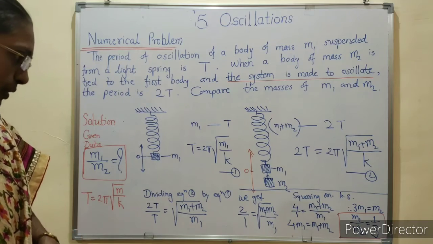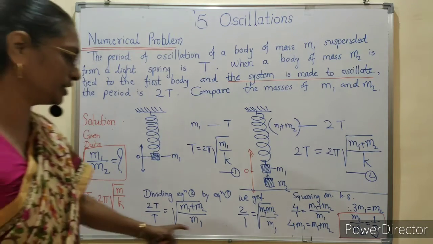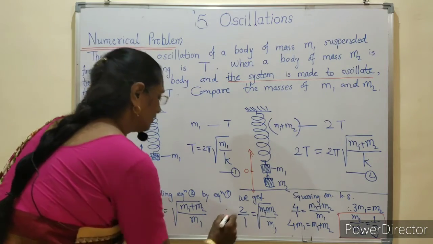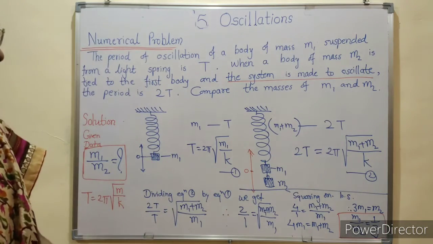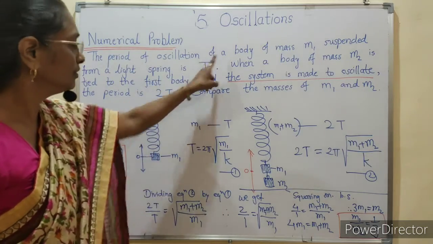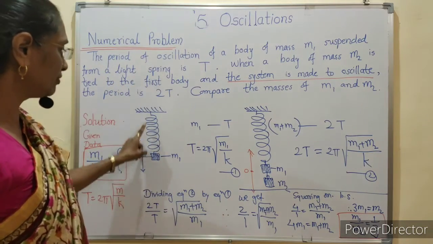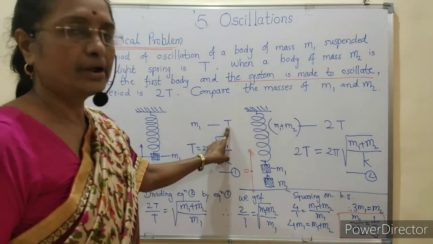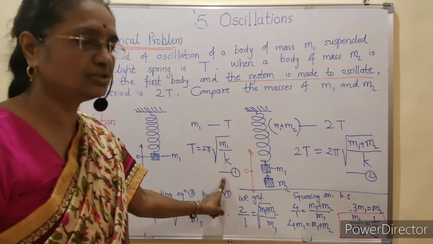You have to understand this simplification. It is also very simple. In the first situation, we have taken a single mass m1 and its period is T. The equation is written.